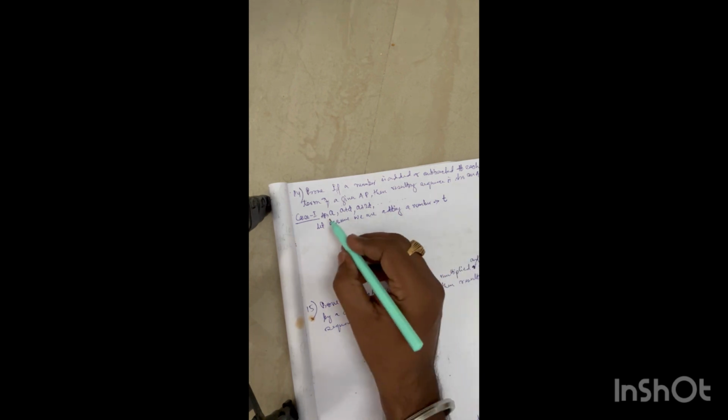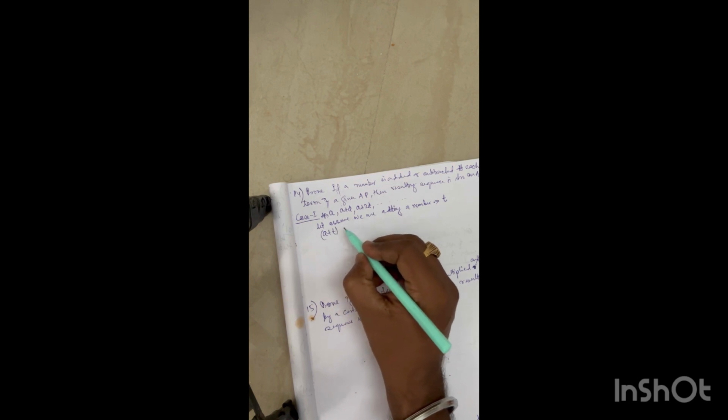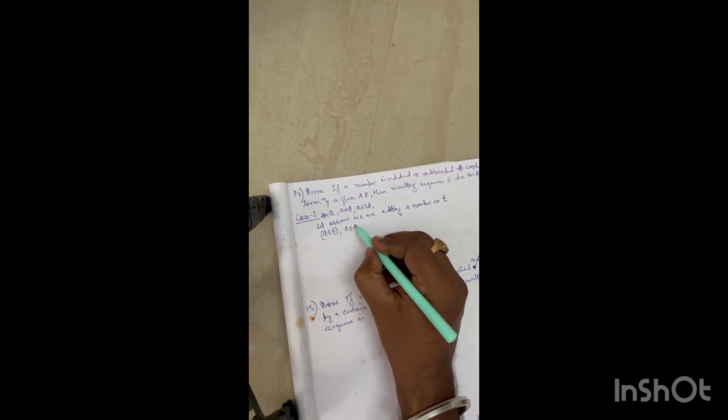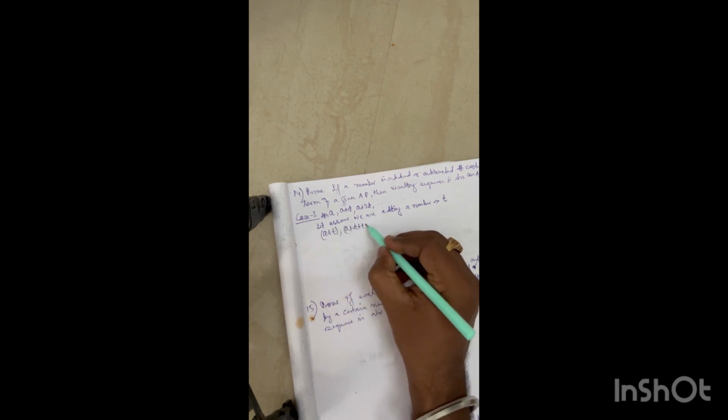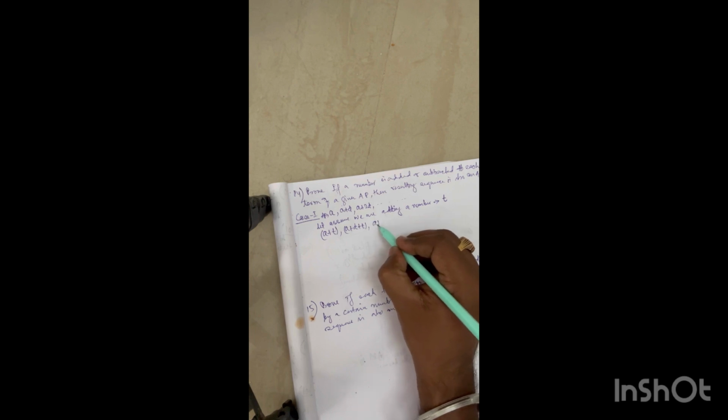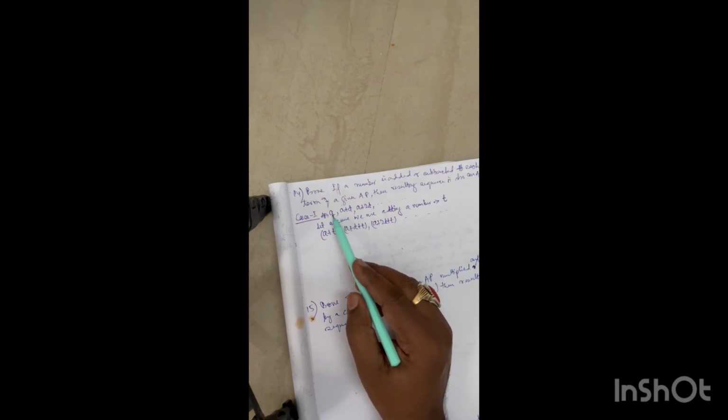If I add t to all the terms, this will become a plus t, a plus d plus t, a plus 2d plus t, and so on, because I am adding t, as per the condition, to all the terms of the given AP.